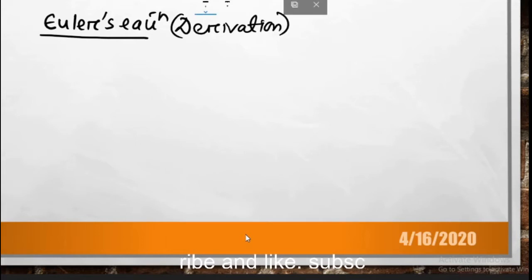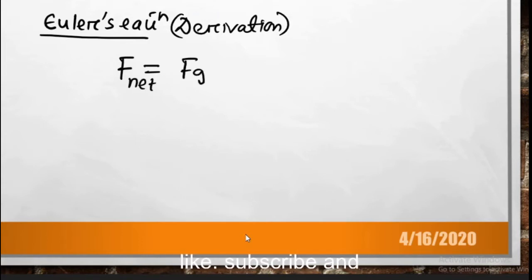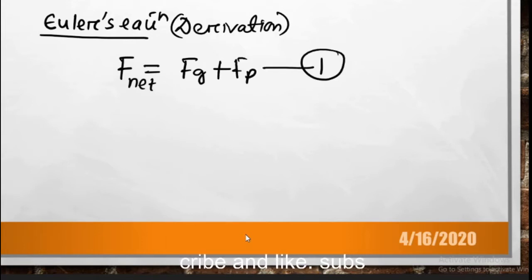If you want to derive this Euler equation, you have to choose a streamline. In the Euler equation, the net force acting will be equal to the force due to gravity and the force due to pressure. Other forces have been neglected in the Euler equation; only the force due to gravity and the pressure force have been considered.